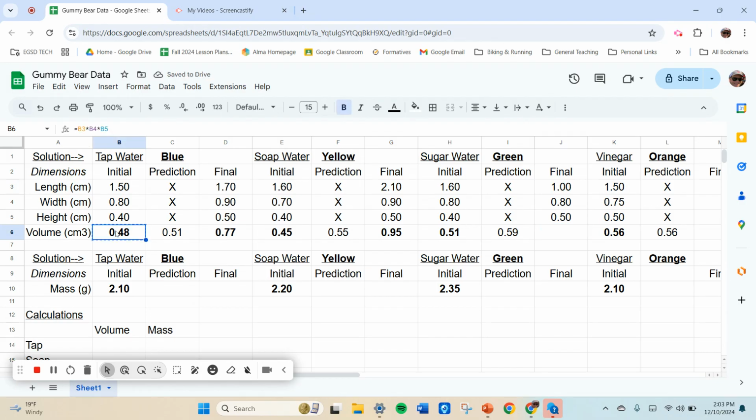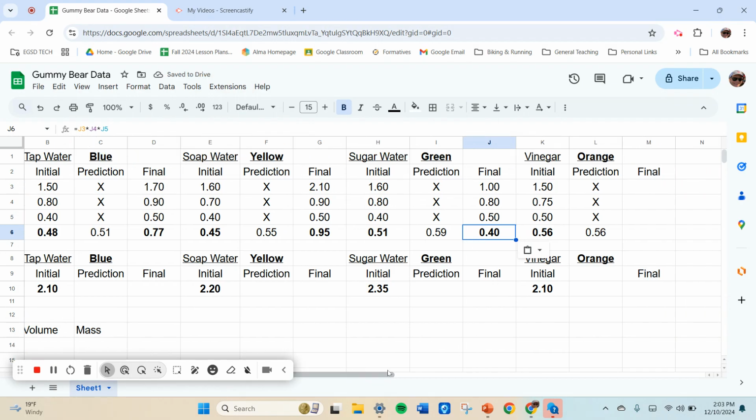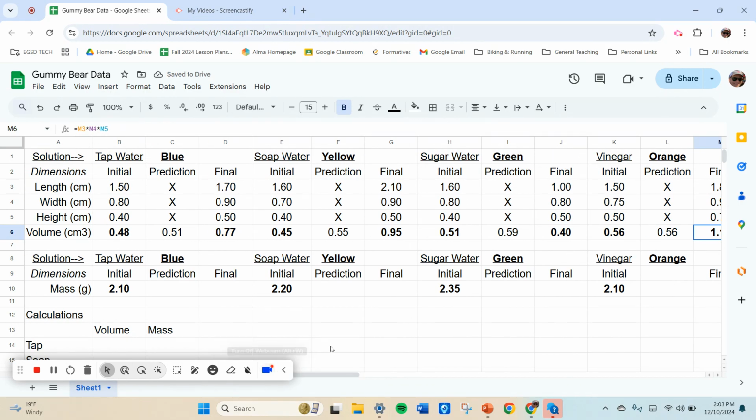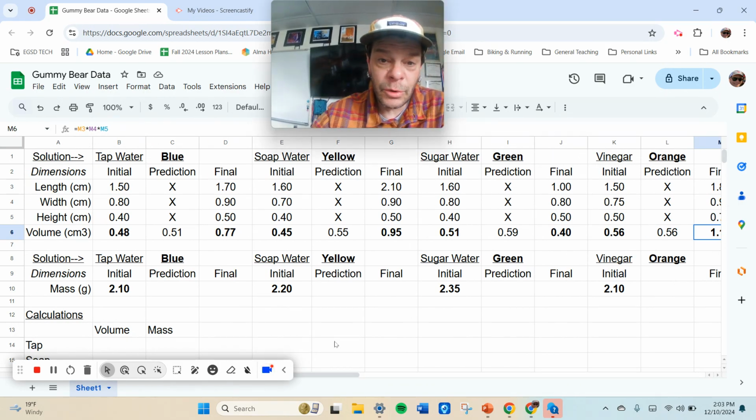Go back to the original, copy, paste. 1.8, 0.9, 0.7. Go back to the original, copy, paste. Sweet. Let the Google do the work for you.